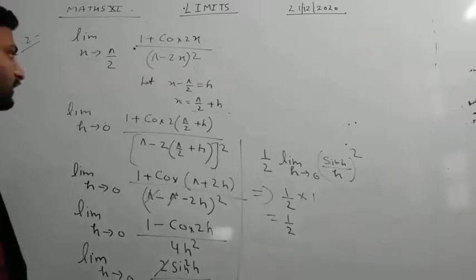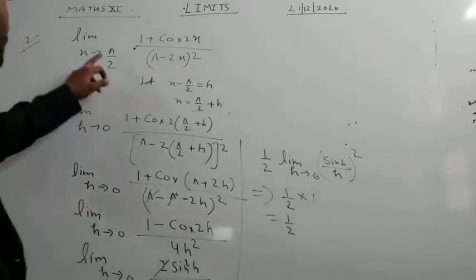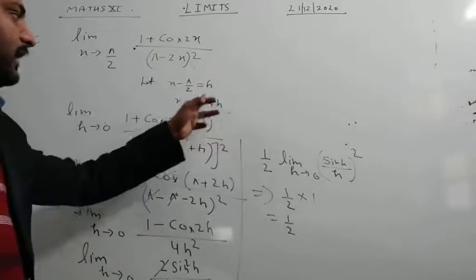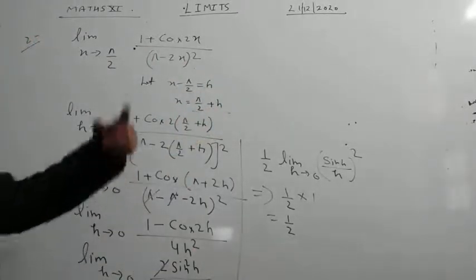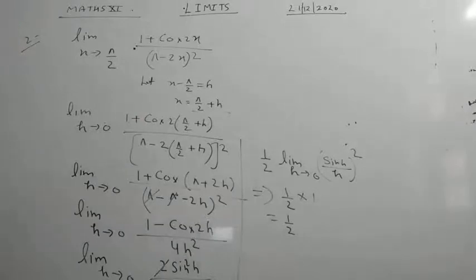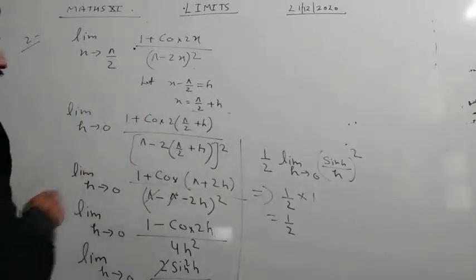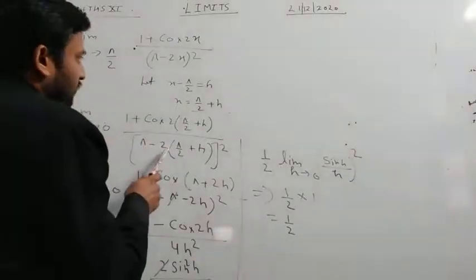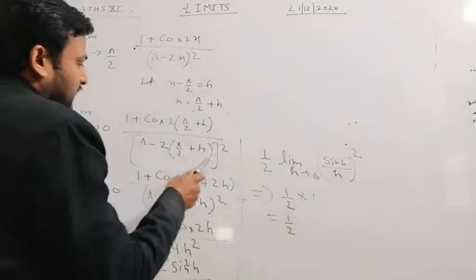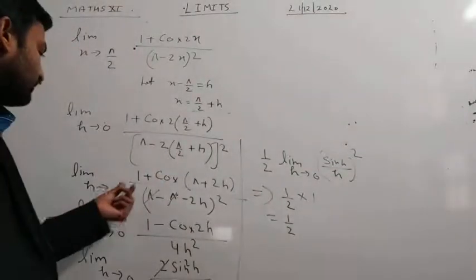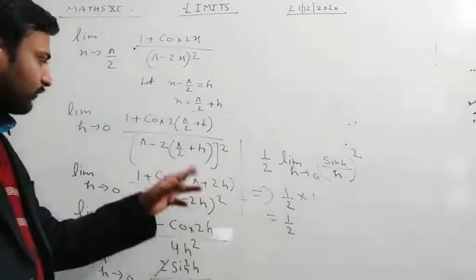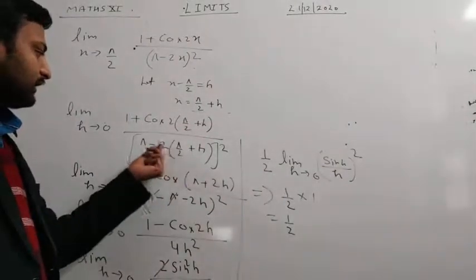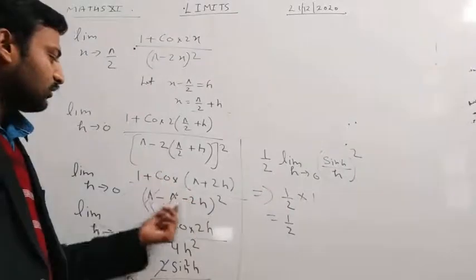In the previous question we have taken x minus pi by 2 is h, and our x will be pi by 2 plus h. Now we replace our x. Here we will write h tends to 0, 1 plus cos 2x, which is pi minus 2x with x as pi by 2 plus h, which is 0, and h tends to 0, 1 plus cos of pi plus 2h, and here this will be cancelled, and minus 2h whole square.